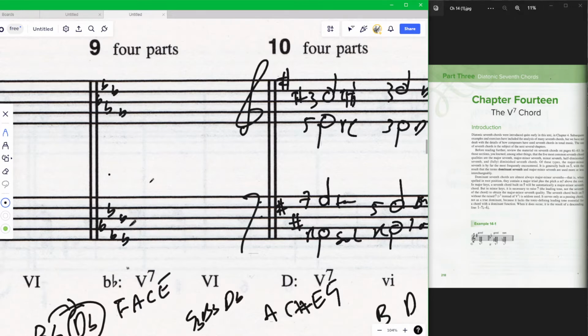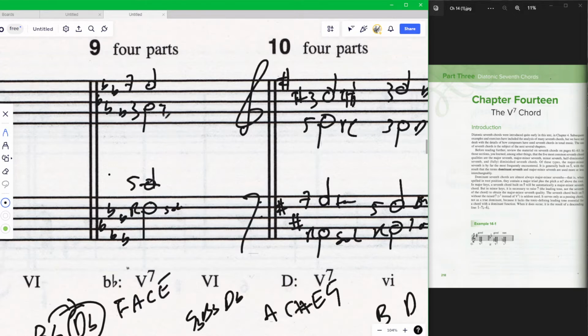Key signature. Okay. Root, 3rd, 5th, 7th. Here's my root. I'm going to put the 5th here, the leading tone here, and Fa there. Here's the 3rd, here's the 5th, here's the root.